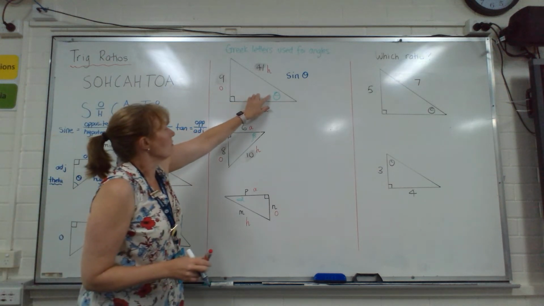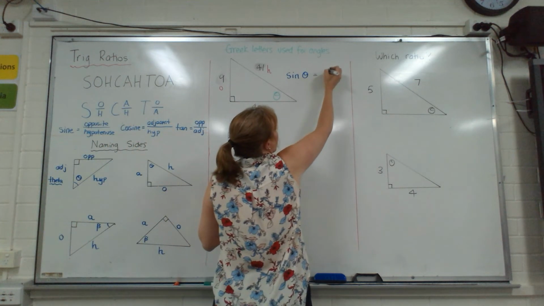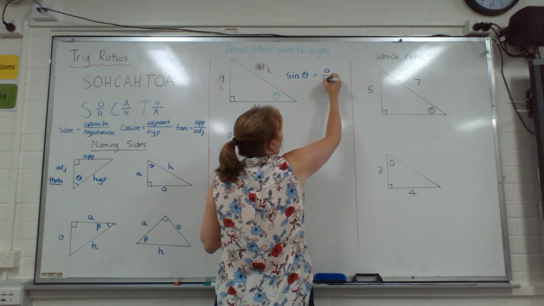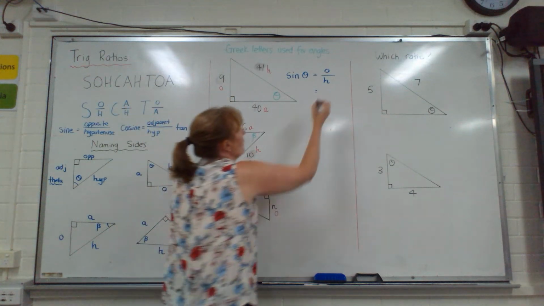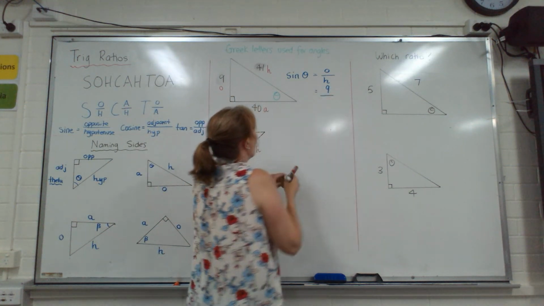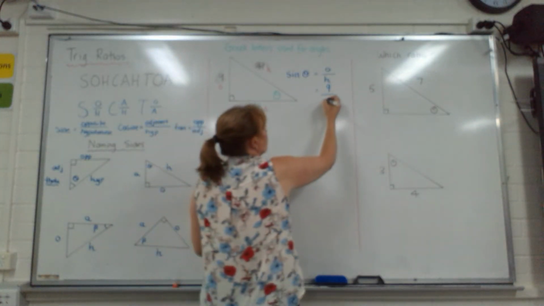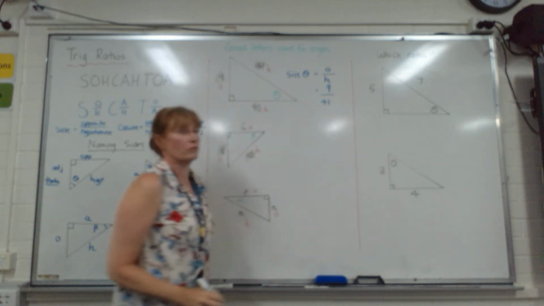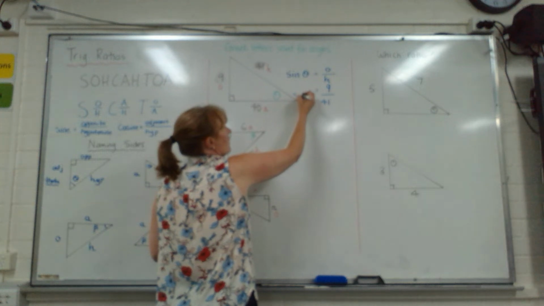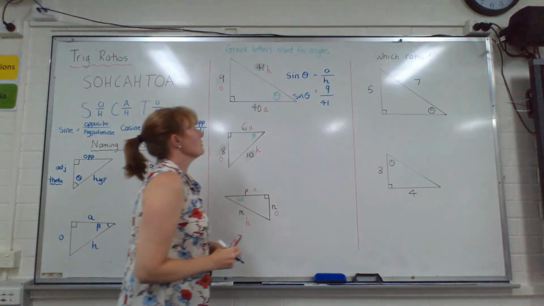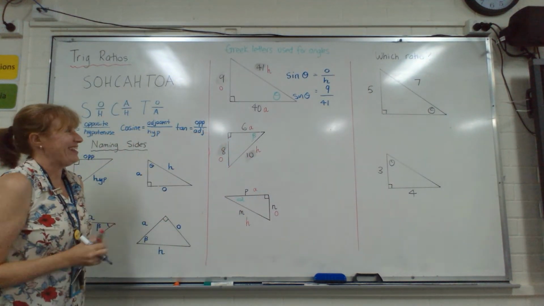So from my angle, it's equal to the opposite over the hypotenuse. The opposite is 9, and the hypotenuse is 41. That's all I have to do. Sine of theta is 9 over 41. The question and then the answer.